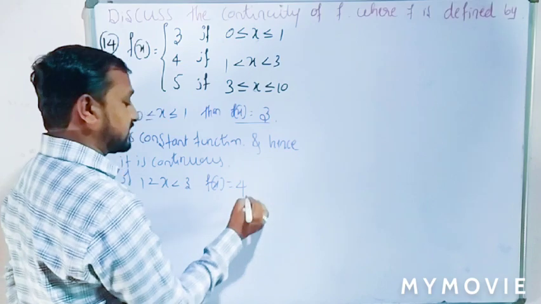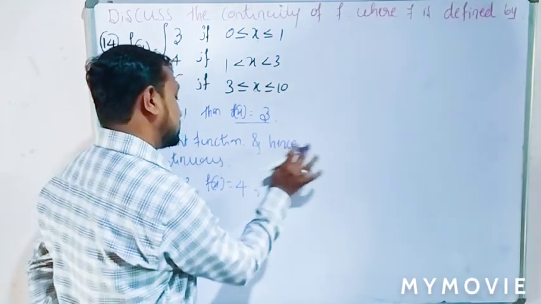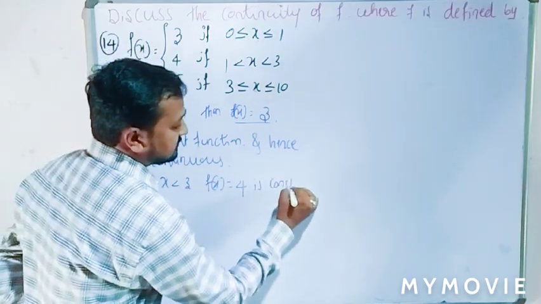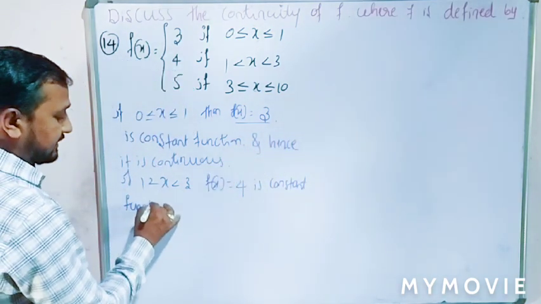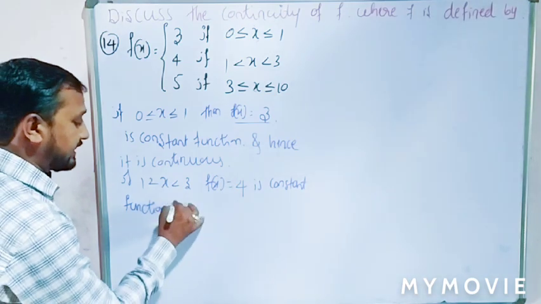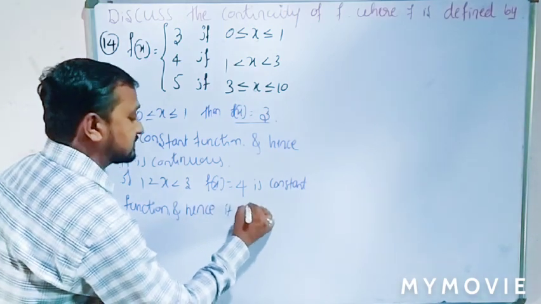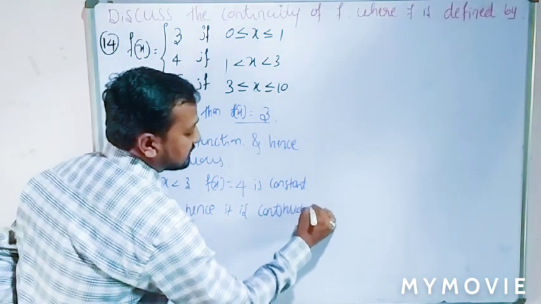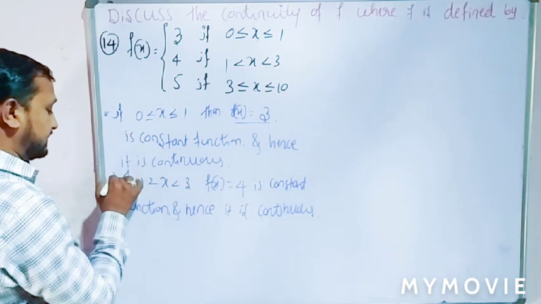This is also a constant function, and hence it is continuous. Every constant function is continuous, we already know that. And another one, so here one condition, here one condition.